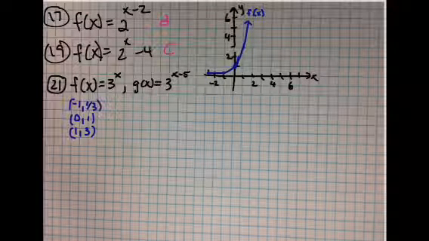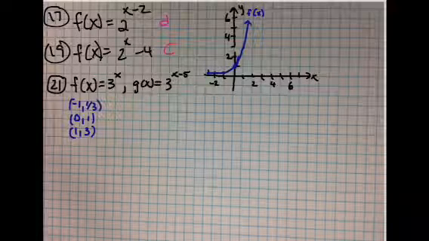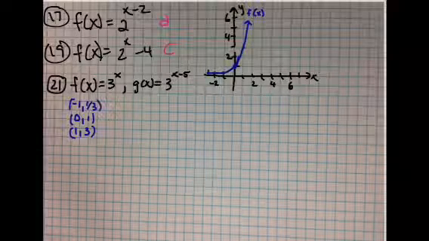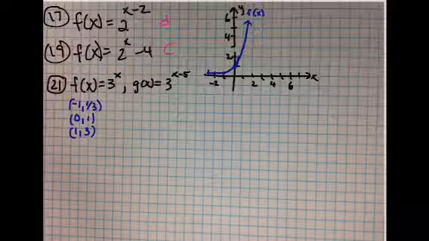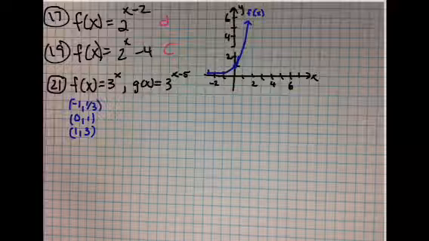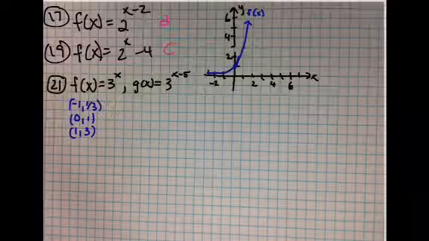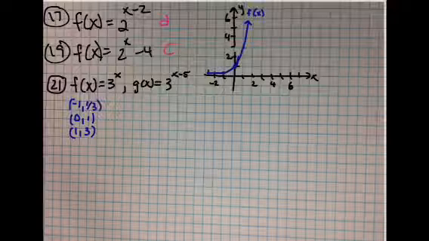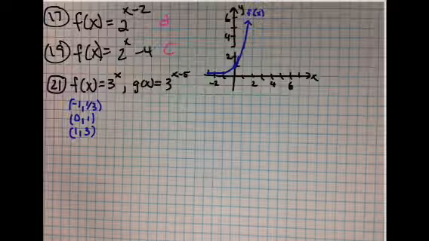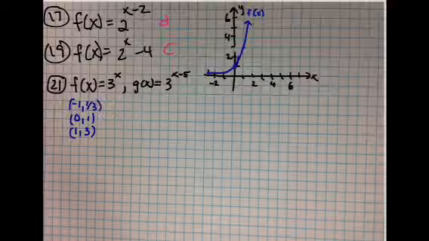So for number 21, you have to describe how to get g of x from f of x. So the bases are the same, so the only difference is that g of x is translated to the right 5 units, and that's what you would write. G of x is translated to the right of f of x by 5 units. So that means we would add 5 to all the x's. So -1 plus 5 would be 4.